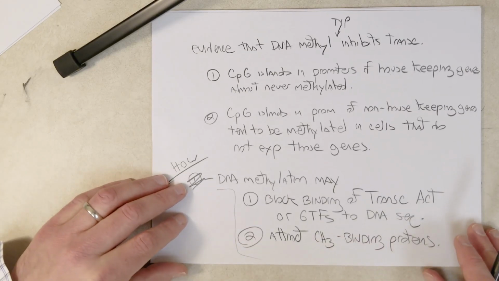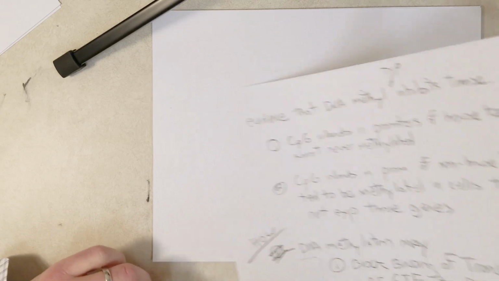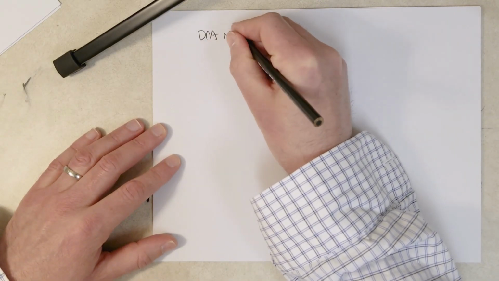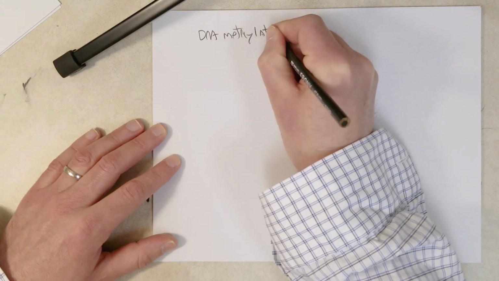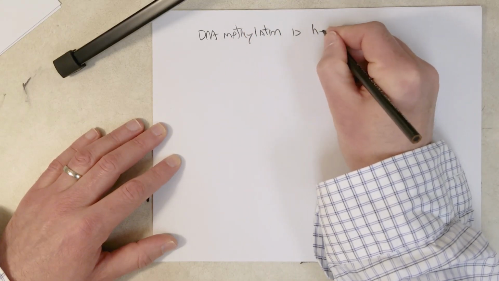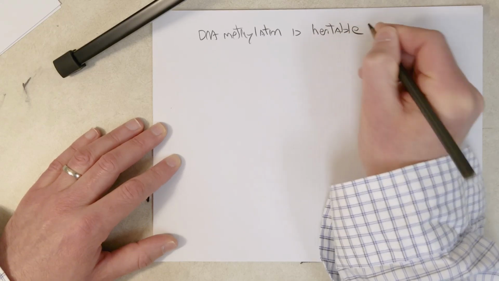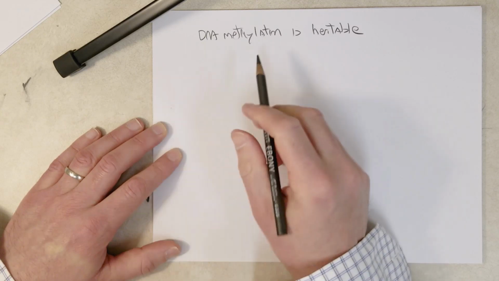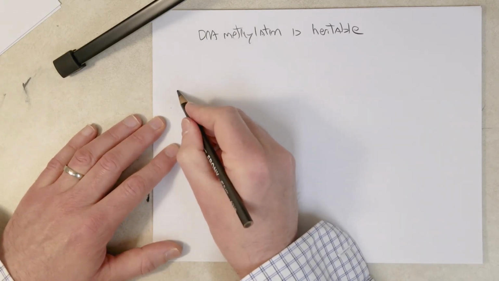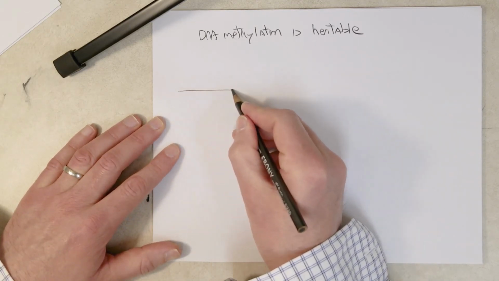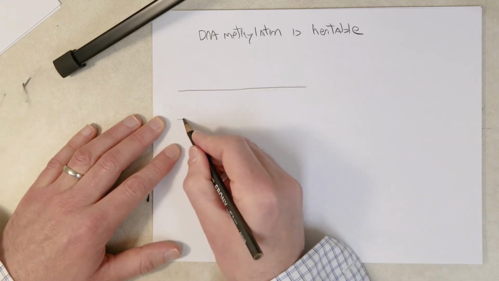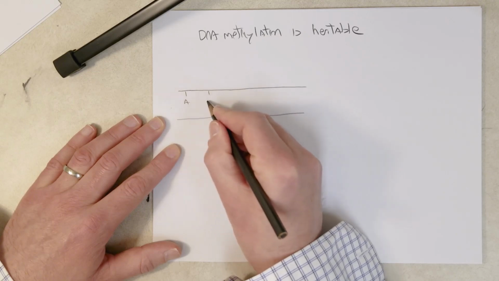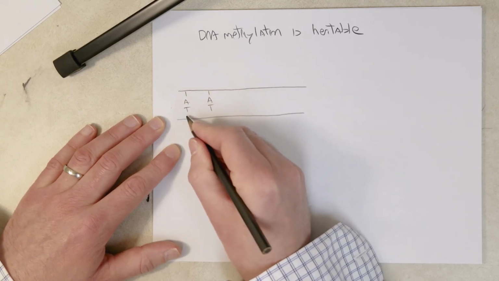So another interesting thing about DNA methylation is that DNA methylation is heritable. A process called maintenance methylation allows DNA methylation to be heritable. So let's take an example sequence of DNA, and I'll put maybe 2 A's there, 2 T's here.